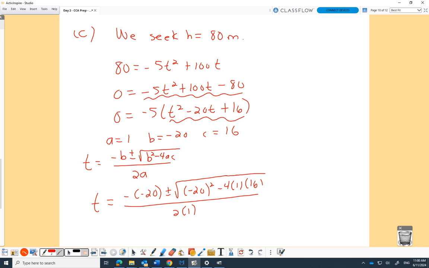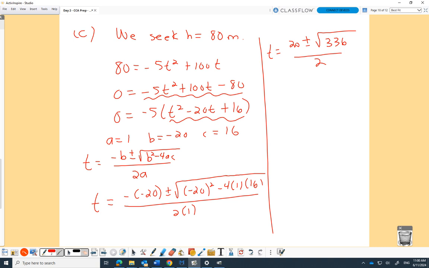Yep, things look good. t equals 20 plus or minus square root of 336. I did that in my head. I got to check. 400 minus 64. 336? Anybody on the calculator? 336? What a mess. What a mess.